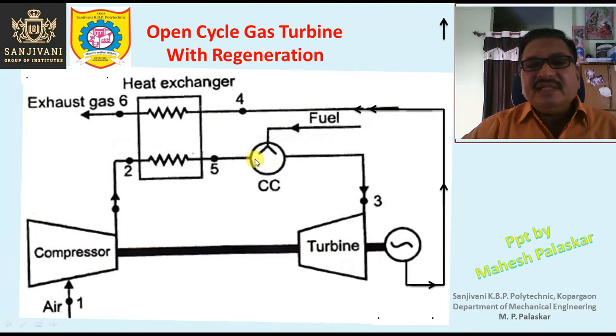That means this working substance takes part in the combustion, and the heat energy is increased, right? So now the compressed and the heated working substance will leave the combustion chamber and enter inside the turbine.